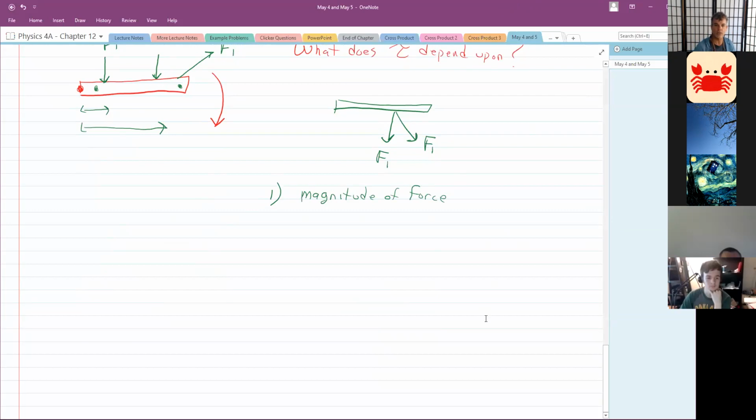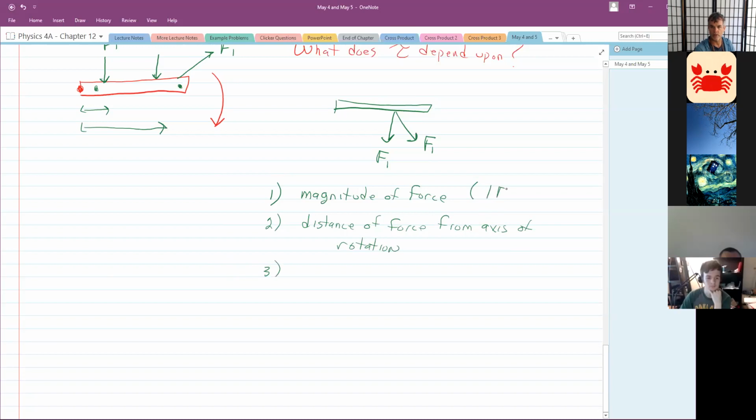Okay, magnitude of force. Two, distance of force from axis of rotation. So one, this would just be the magnitude of the force.